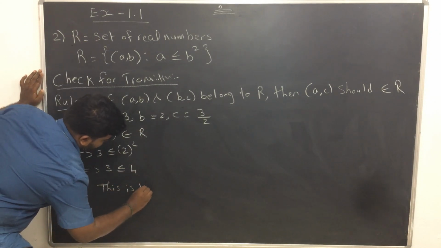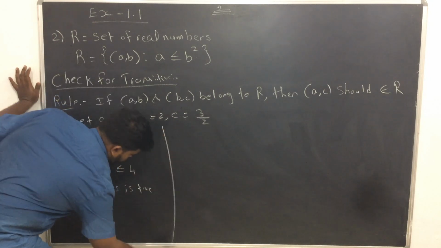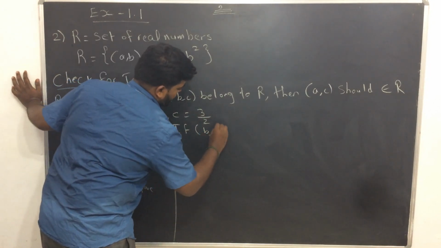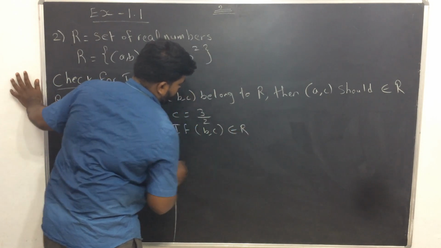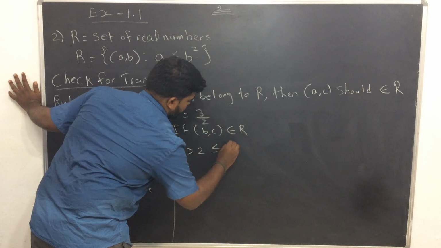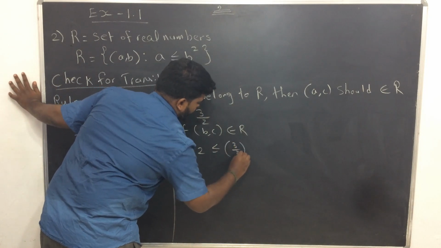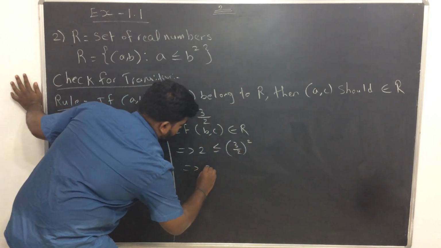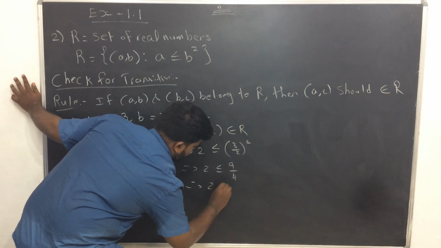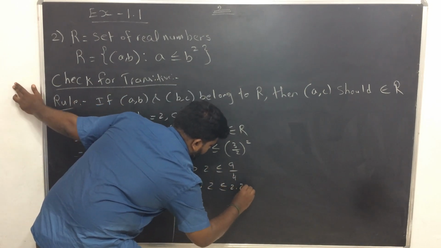Now, if B comma C belongs to R, this implies 2 is less than or equal to 3 by 2 the whole square. This implies 2 is less than or equal to 9 by 4. This implies 2 is less than or equal to 2.25.